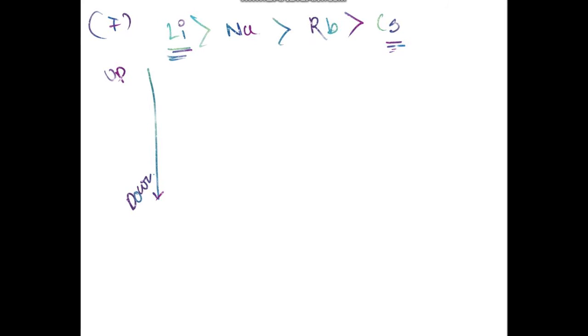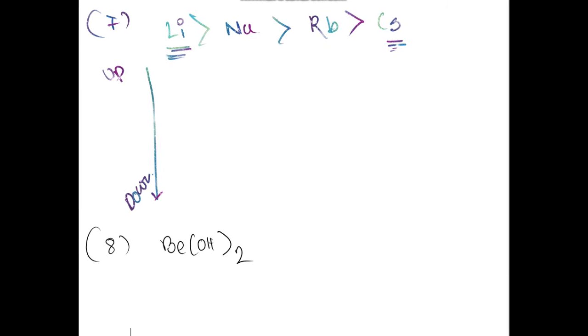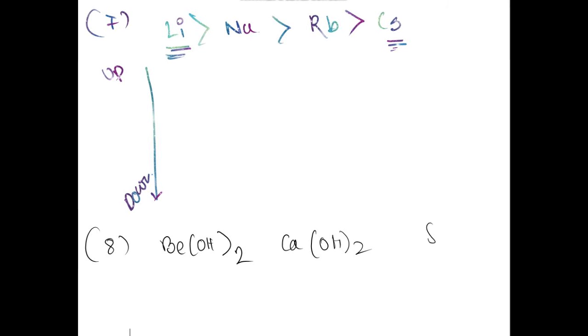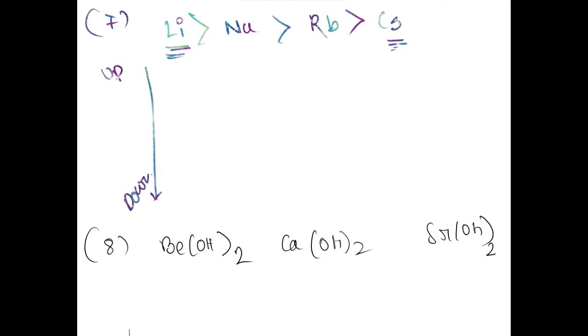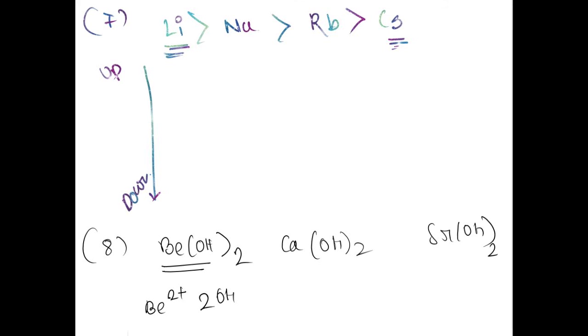Now moving towards question number 8. It is asked to arrange them in solubility order: the hydroxides of group 2 ions, barium hydroxide, calcium hydroxide and strontium hydroxide. Always remember, the more it can give cation and anion in water or in any solvent, the more solubility it will have.